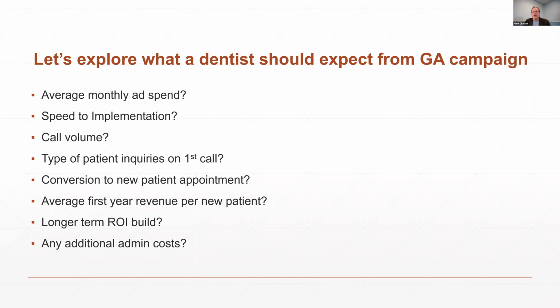Average first year revenue per patient is $681 right now. And the longer term ROI is going to double every 24 months for 48 months. So $681, then $1,300, then $2,600 over about a 4-year track record.